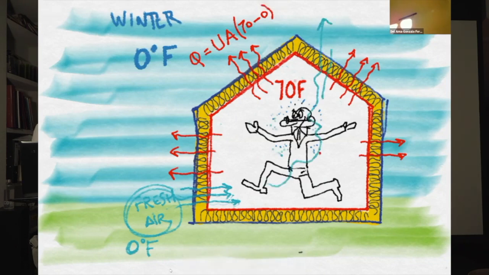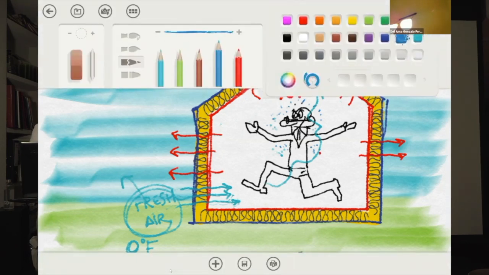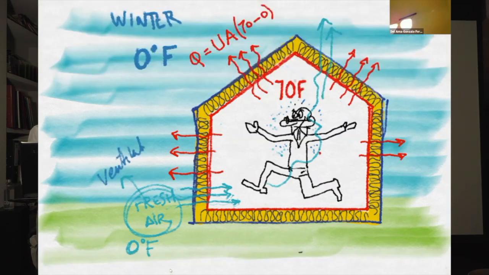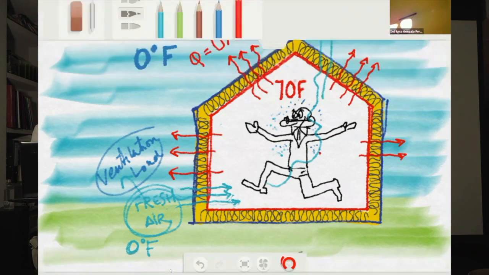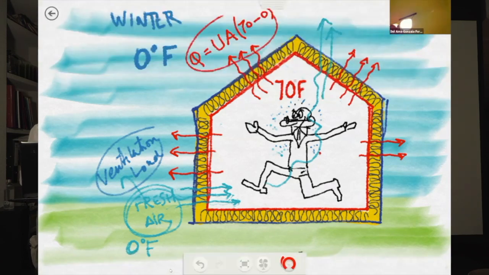So that fresh air, we have to get rid of it once it has been exhausted, and this is something that we have to keep on doing continuously. So we have ventilation loads. At least we need this: we have thermal loads through the envelope, and we have ventilation loads. So this is what happens in winter.